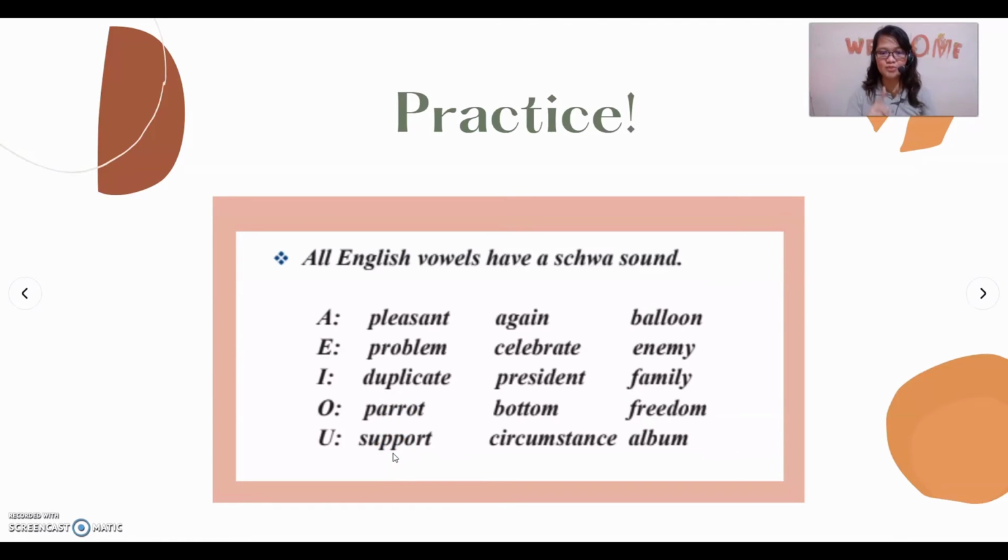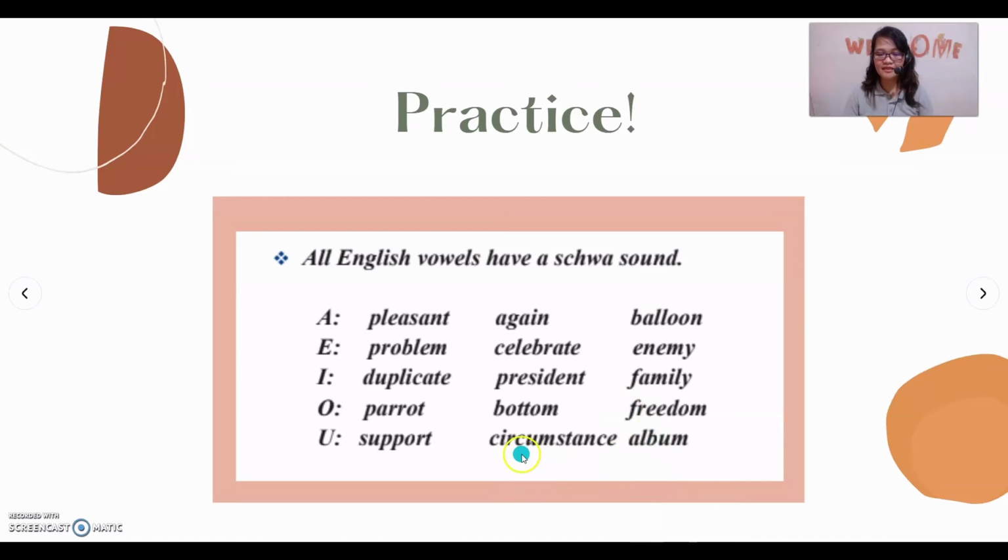We don't say it that way. This one is support. I have to support you, whatever you like to do. The first syllable is the unstressed, which makes it a schwa sound. Support. Next is circumstance.